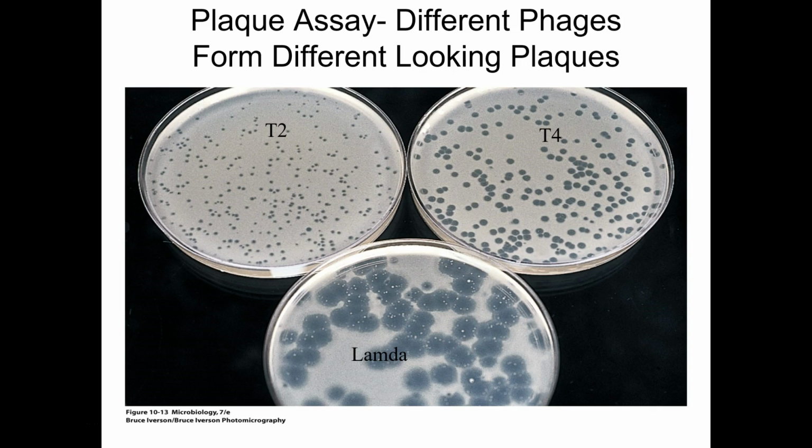Basically, the clearing indicates the virus has destroyed the bacteria, annihilated them. But notice how the plaques are different sizes? Different viruses replicate at different speeds. So, T2's the slowest, T4 is a little faster, and Lambda is really, really fast. So you can see this happen.